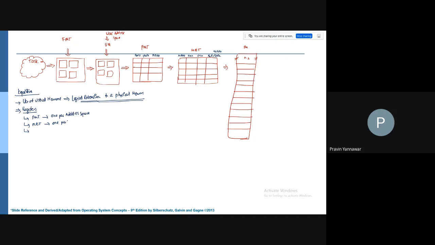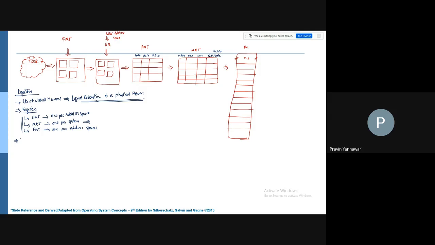This is one per system, since we have only one memory. Then the file map table, that is one per address space. Okay, so this is important. As far as the registers are concerned, these three registers we are going to use.